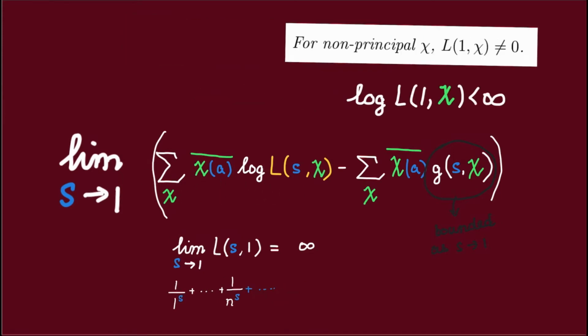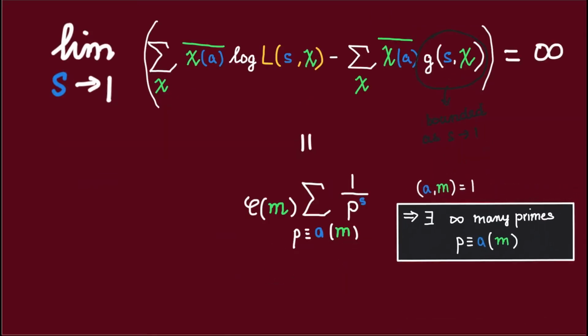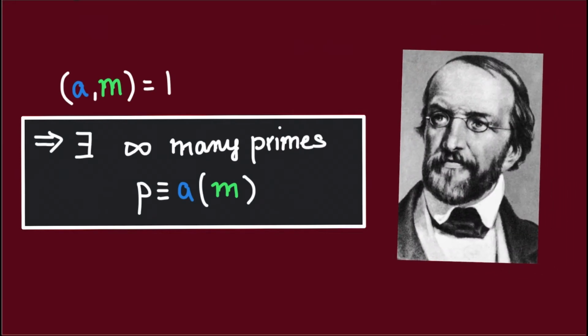Therefore, this limit here has only one unbounded term, thus there cannot be any cancellation. And thus this limit here must be infinite. Thus this sum here must be an infinite sum, and therefore there must be infinitely many primes congruent to a modulo m. So that was the idea behind Dirichlet's proof of his theorem on primes in arithmetic progression.